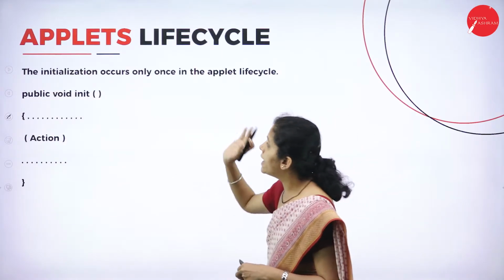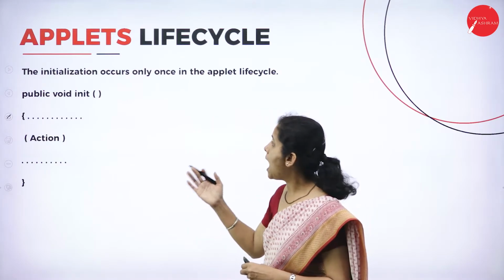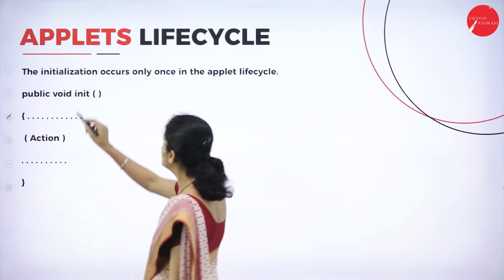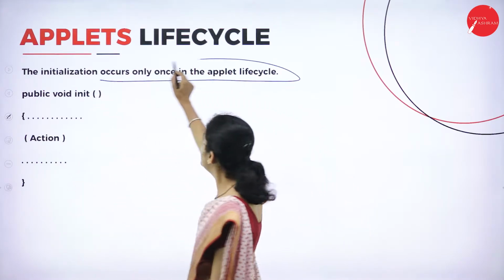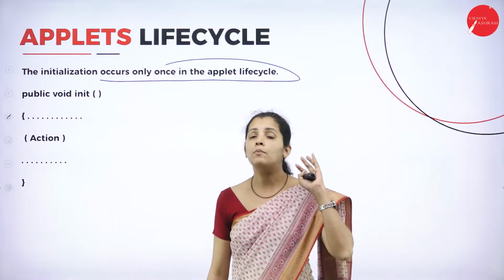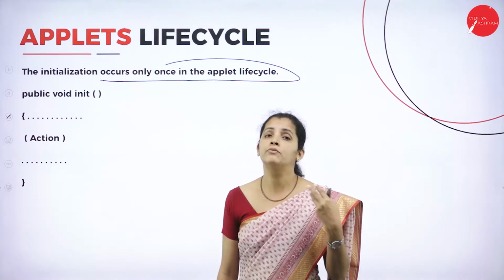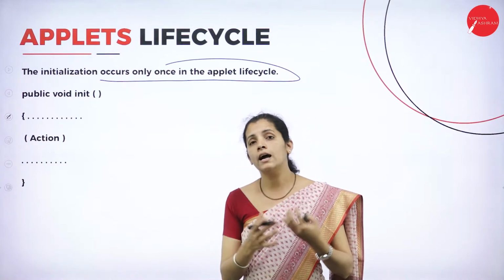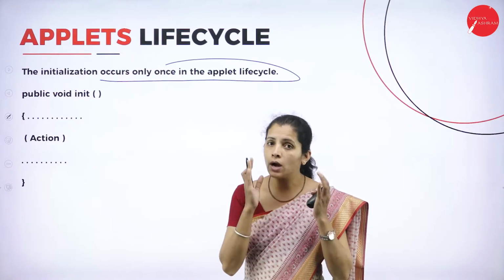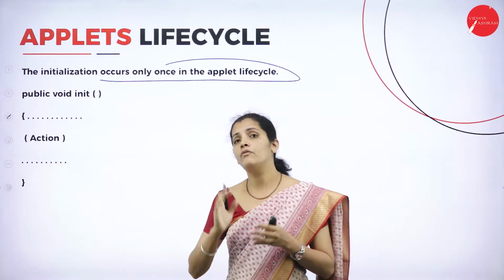Now this is the example as well as syntax for an applet. The initialization occurs only once. That means I'm going to create the objects, set the color, font size, font style, everything, and it's going to happen only once in the life cycle of an applet.